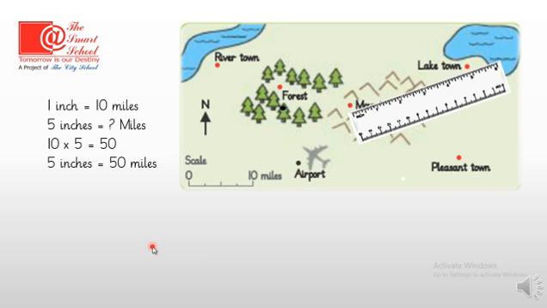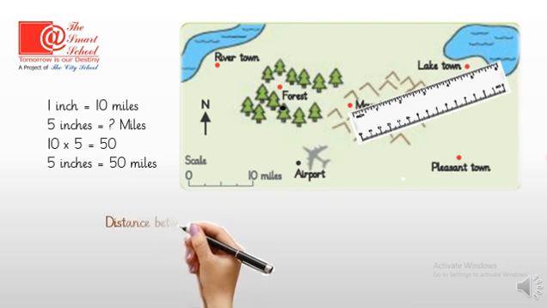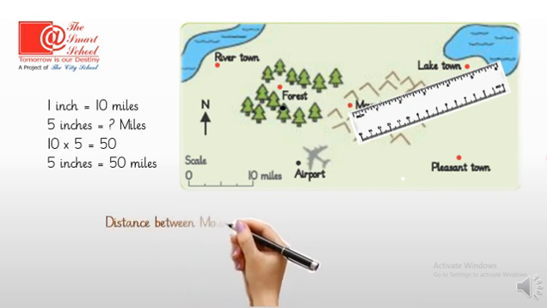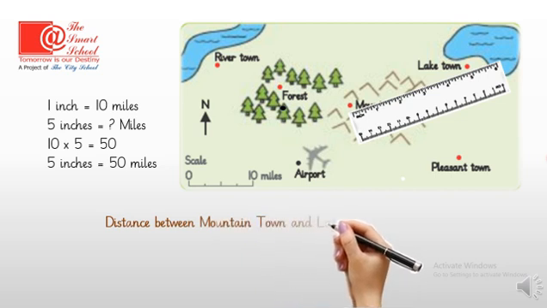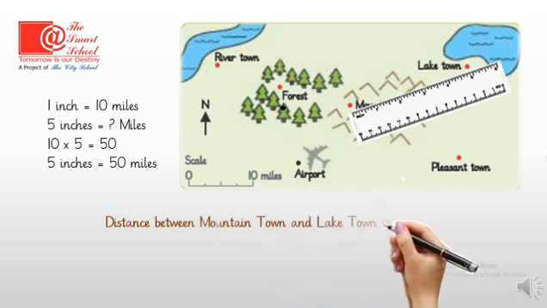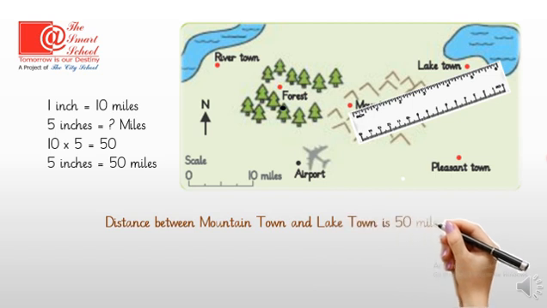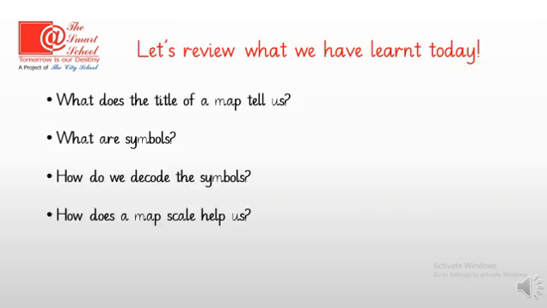What does it mean? It means that the distance between mountain town and the lake town is how much? 50 miles. Yes, so we have calculated the distance. Excellent. I hope it's clear to you.